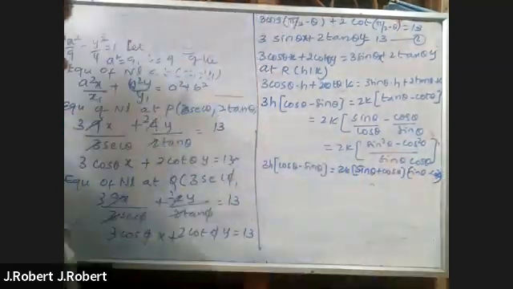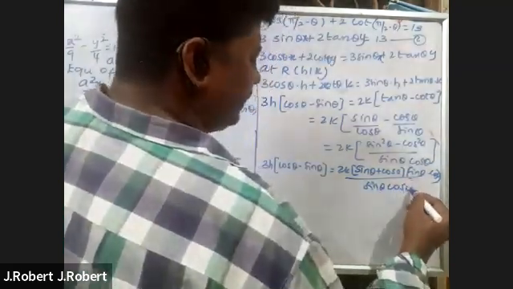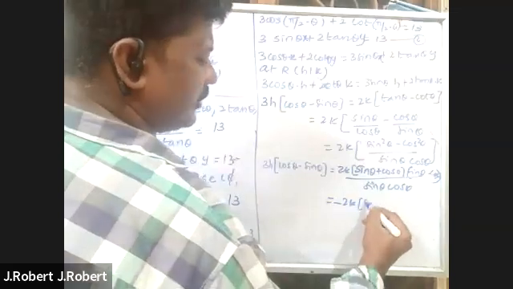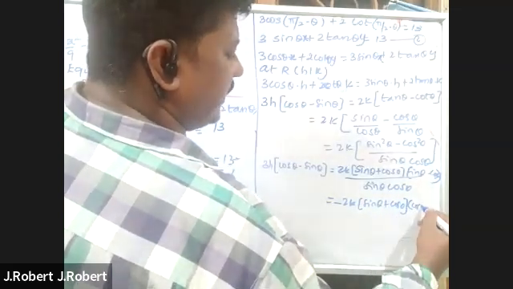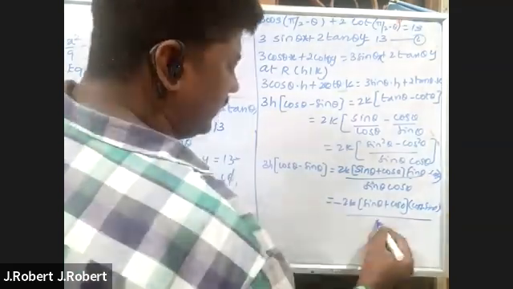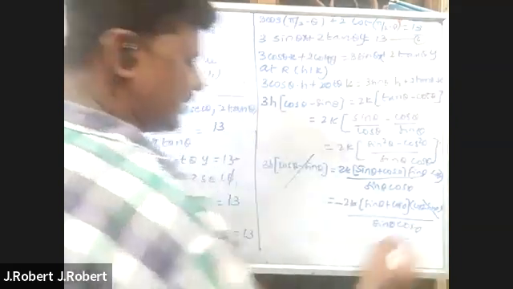If I take minus common, this becomes minus into sin theta plus cos theta into cos theta minus sin theta divided by sin theta cos theta. Cos theta minus sin theta will get cancelled.